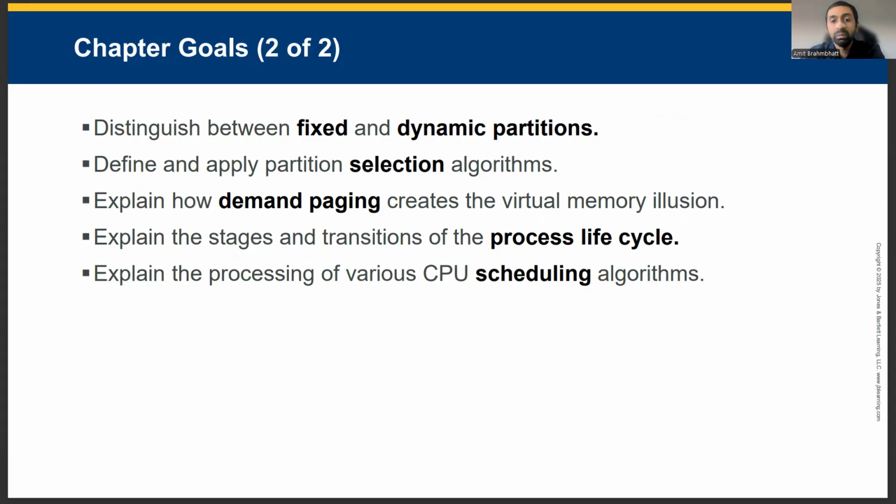We'll also explore demand paging, which enables the illusion of near infinite memory using virtual memory. On the process side, we'll learn the stages and transitions of the process lifecycle and study CPU scheduling algorithms that determine how the CPU chooses which processes to run next. By mastering these concepts, we'll understand how operating systems balance performance, fairness, and efficiency.